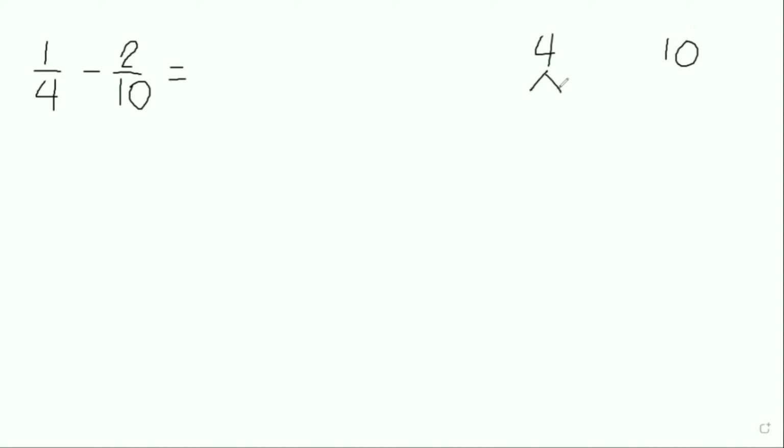Ano yung dalawang number na pwede nating i-multiply at ang magiging sagot, yung number na yon? So, 2 times 2 equals 4. Pwede natin siyang i-factorize as 2 times 2, or 2 and 2. And then 10 can be factorized as 5 times 2. So, that's 5 and 2.